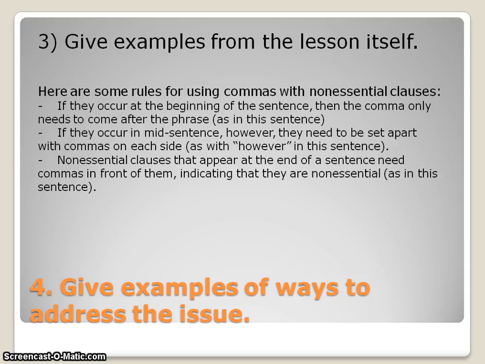Secondly, if they occur in mid-sentence, however, they need to be set apart with commas on each side, as with however in this sentence. Lastly, non-essential clauses that appear at the end of a sentence need commas in front of them, indicating that they are non-essential, as in this sentence. Notice that each of these sentences is structured in a way that reflects the rule that they are giving.